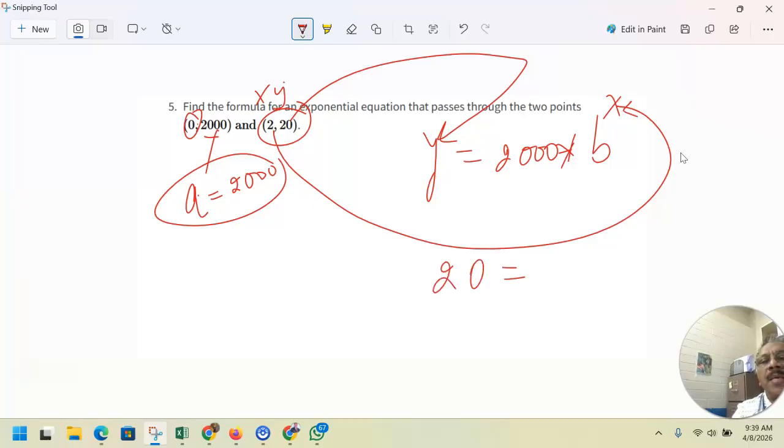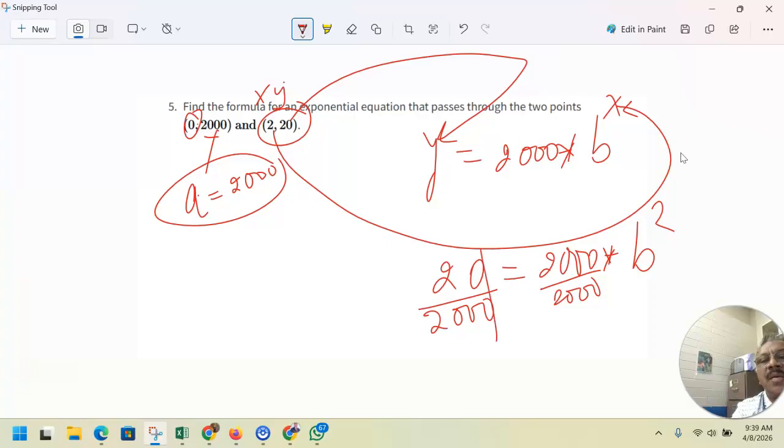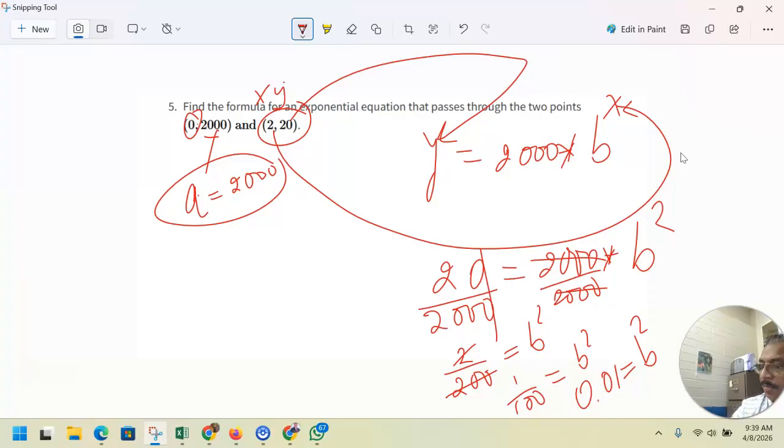So 20 equals 2000 times B squared, and B is what we need to figure out. Divide by 2000 on both sides, and you can see this 0 crosses out, and you are left with 2 over 200. You can still cancel, you get B squared, and 2 divides this, so that becomes 1 over 100, or if you want, you can use a calculator, and you'll see it is 0.01 equals B squared. So how do you find the B?